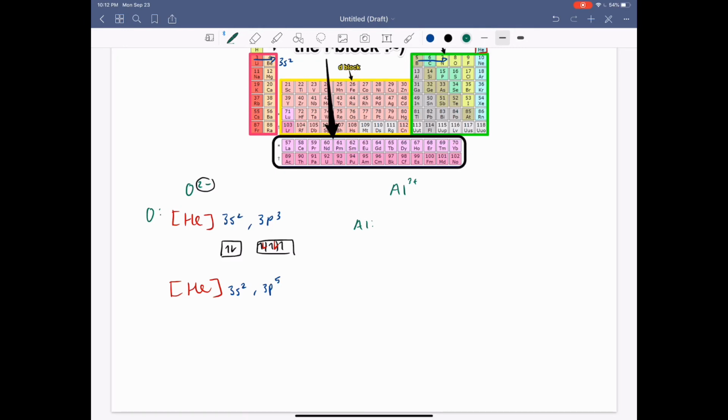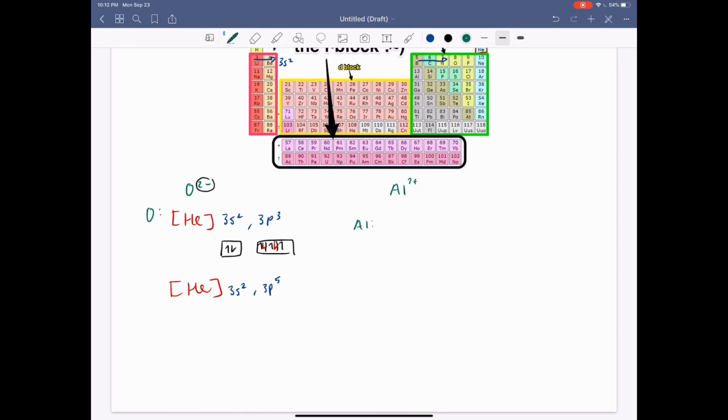Actually, no, it's 2p6. Okay? Because remember, n equals 2. So from there, we can call 2p6. Everything up to 2p6 is neon, right?